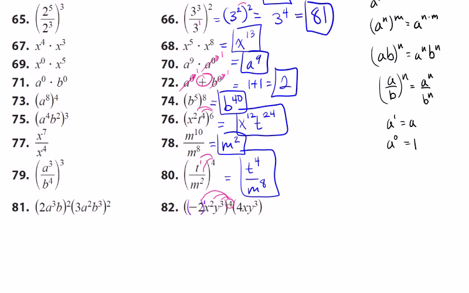Okay, so anyway, watch out for that. So we have negative 2, that's our base. We're multiplying 4 by the exponent of that. So 4 times 1 is 4. Okay, then we bring down the x and the y. 4 times 2 is 8. And 4 times 3 is 12.